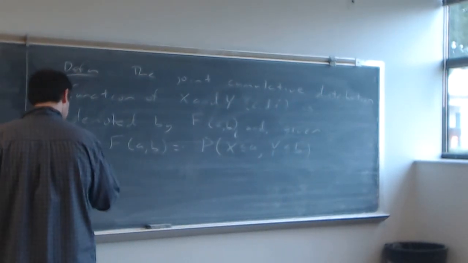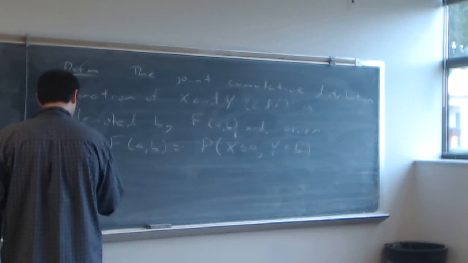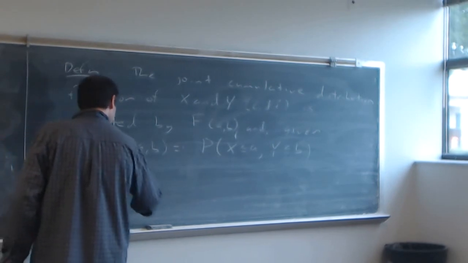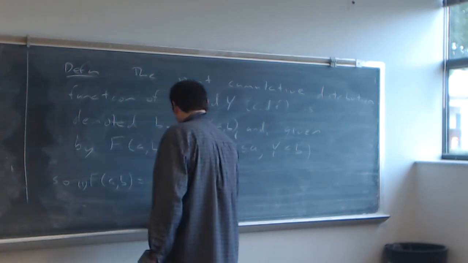And so what we can say is that, for part 1, F of A comma B is equal to the double sum.